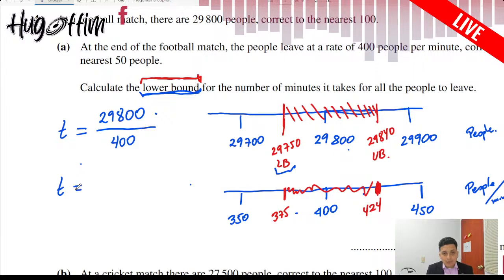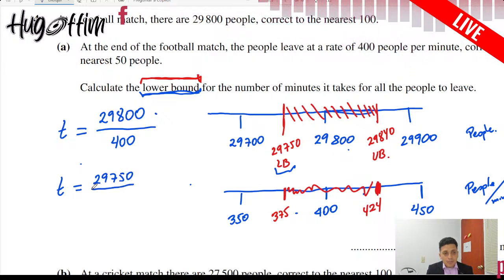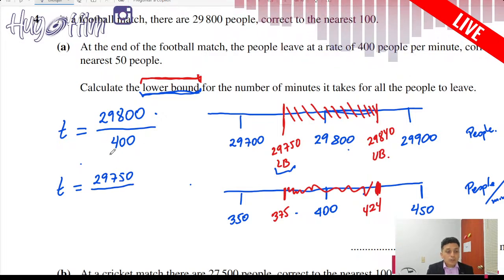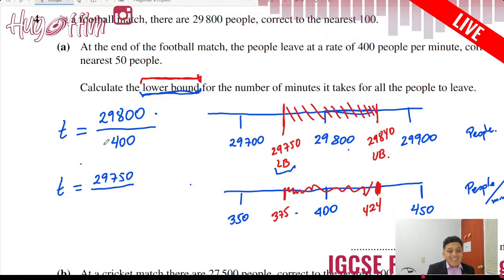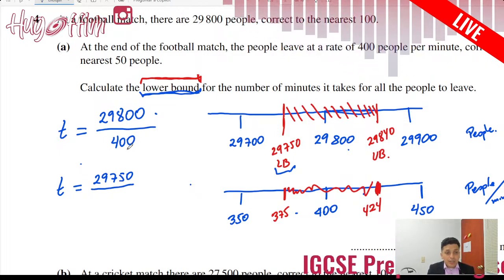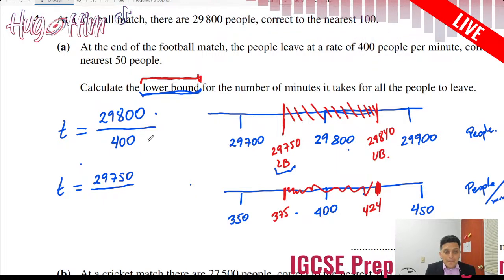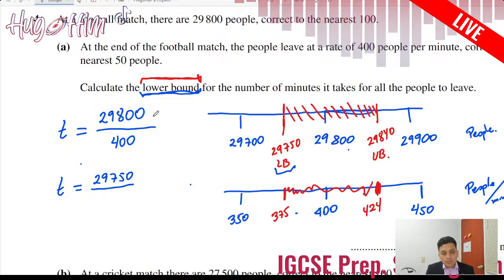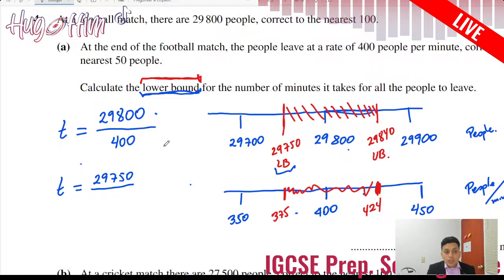So in this case, I'm going to use 29,750 over. Now focus on the denominator. What should be the value that I should put here to make the division the lowest possible?